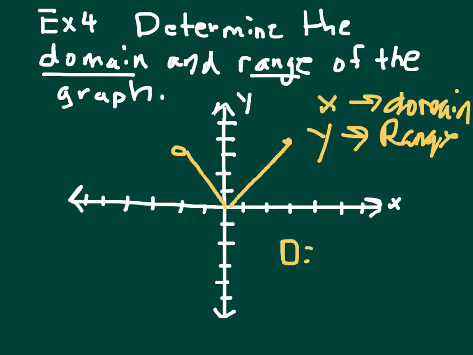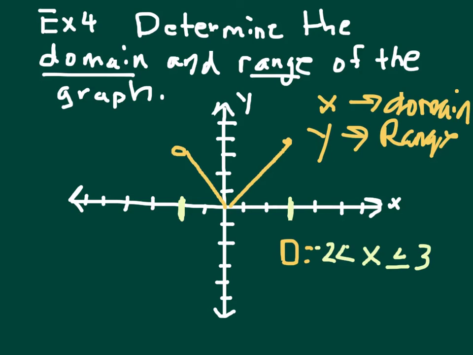In other words, I'm going to move from right here, which my open circle is above, to right here. So my domain is moving along the x-axis. So x can be greater than a -2 and less than or equal to 3.